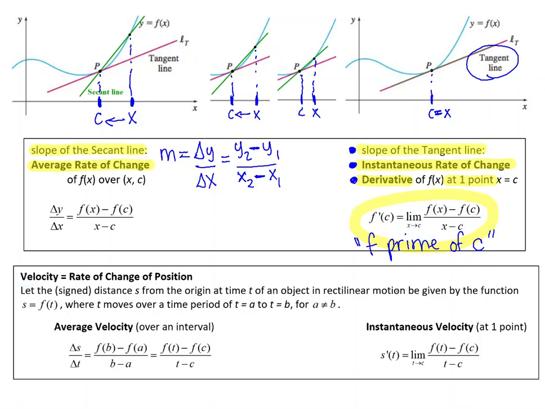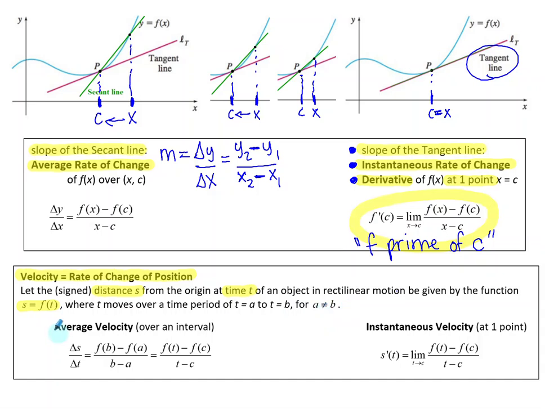Now, the velocity of a function is an application of the rate of change. Velocity is the rate of change of the position function. Let the signed distance s, representing a distance from the origin at time t of an object in rectilinear motion along a line, be given by the function s equals f of t, where t moves over a time period of t equals a to t equals b for a not equal to b.